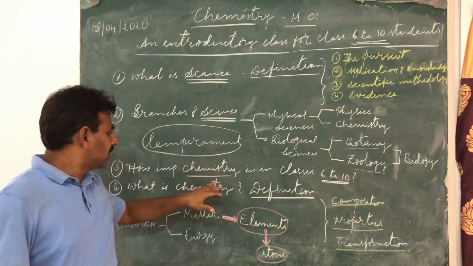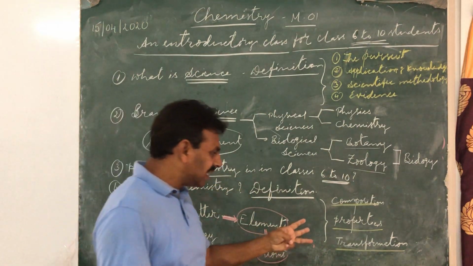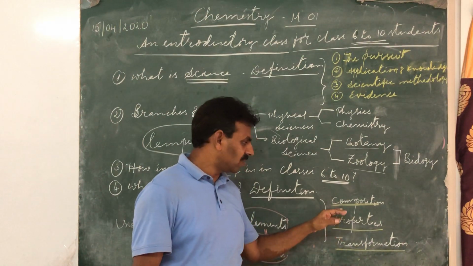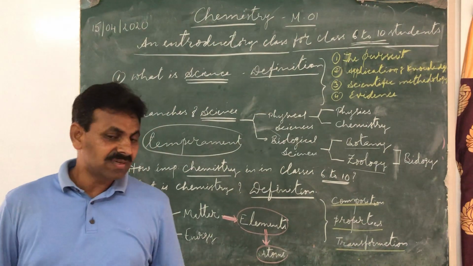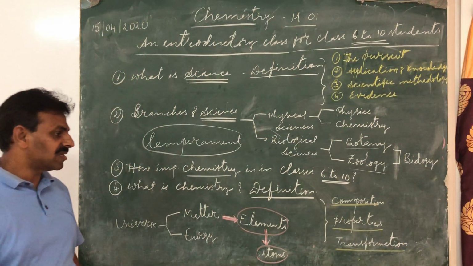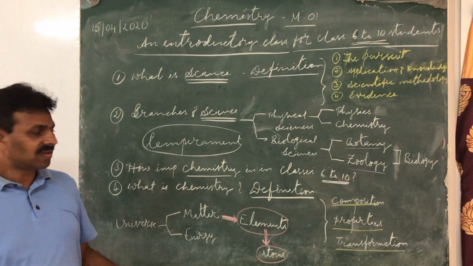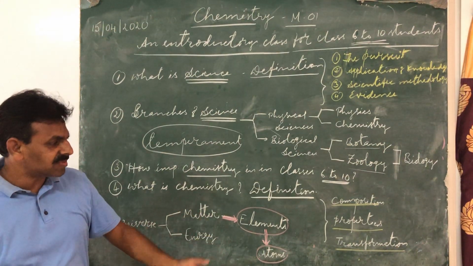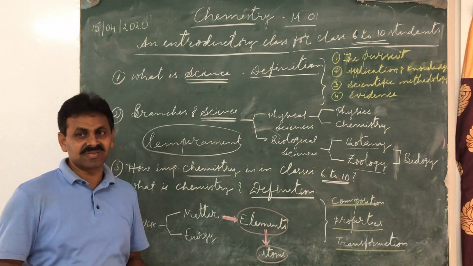In chemistry, there are three terms: one is composition, second is properties, and third is transformation. I'll tell you what these terms are. If you understand these terms, we use these three terms to define chemistry.